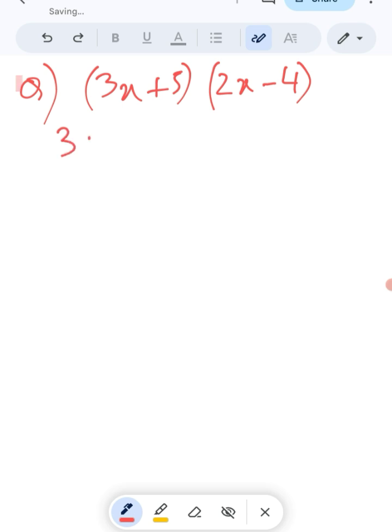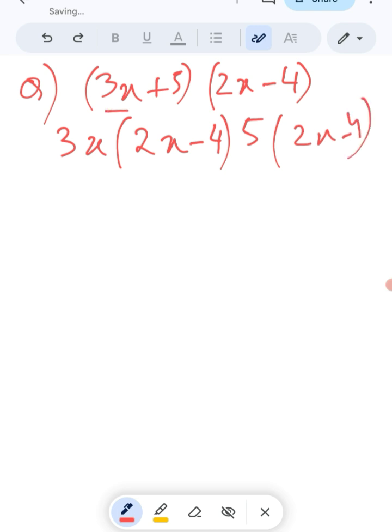First 3x will be taken outside and it will be multiplied with 2x minus 4. Then 5 will be taken outside and then 2x minus 4. So what I am doing is I am multiplying this with this entire first and then this again with this entire first. Now let's start with the multiplication.